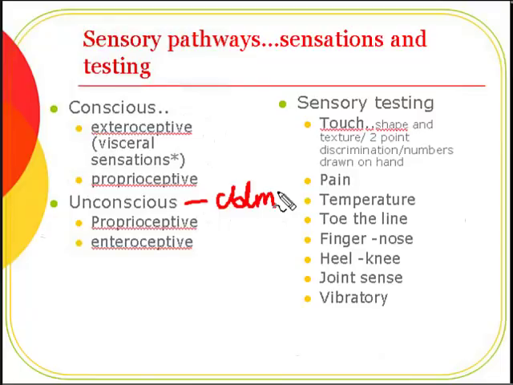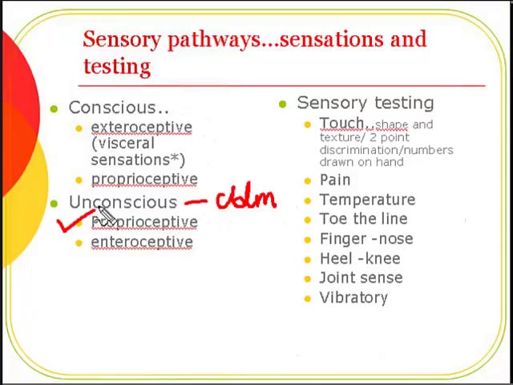The tension in your muscles, for example, the muscle stops contracting after a point and then relaxes. So you don't even know when it has stopped and when it's relaxing or how much tension has been achieved. So this kind of impulse is known as unconscious proprioception, and this goes to the cerebellum.